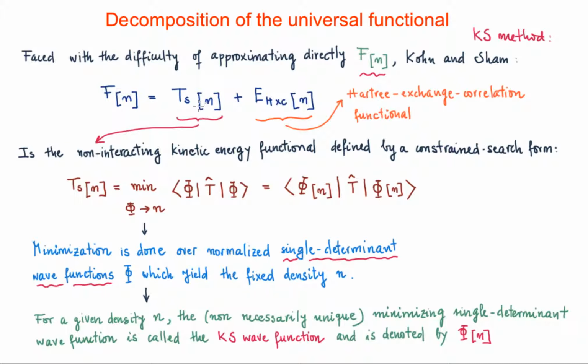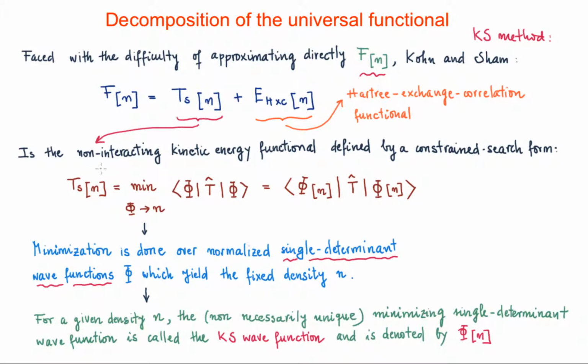What they did was substitute the real system with a non-interacting system. We know that the wave function of the non-interacting system can be described by Slater determinants, and this one is going to be the kinetic energy functional of this non-interacting system.